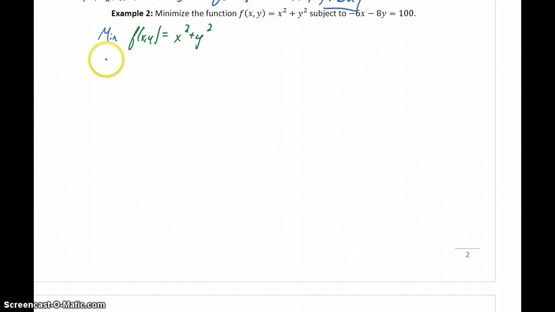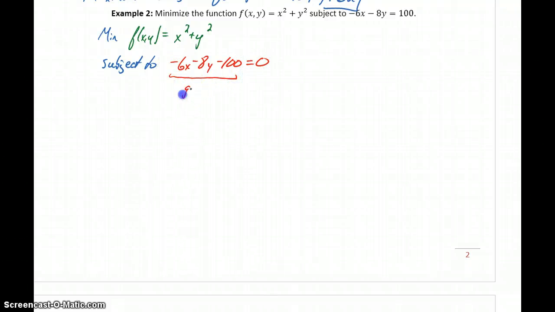So we're going to minimize our function subject to this given constraint, which again we'll set equal to 0 by subtracting the 100 over. And the left-hand side of that expression is again our function g of xy.